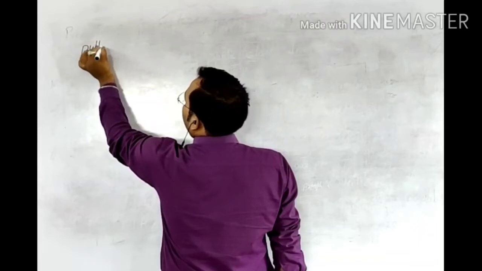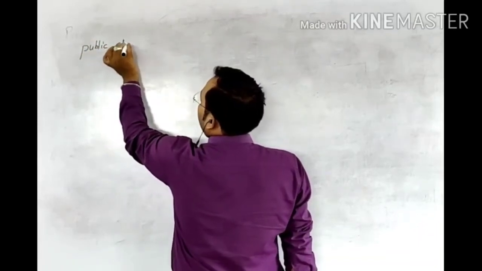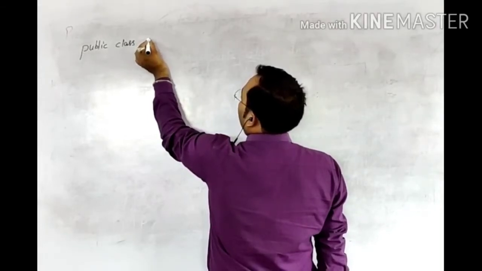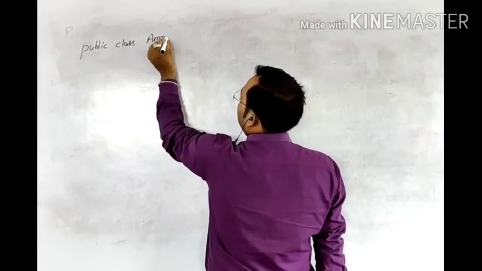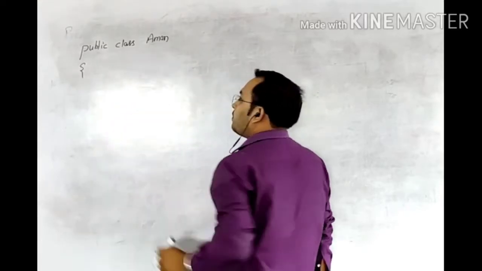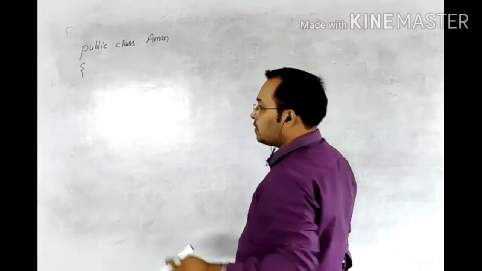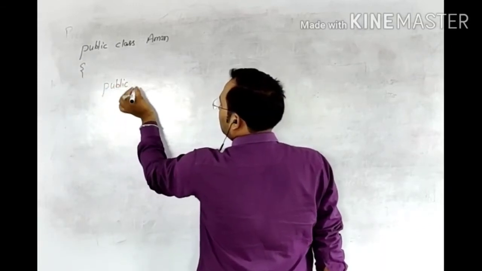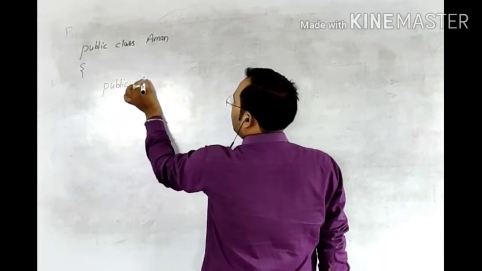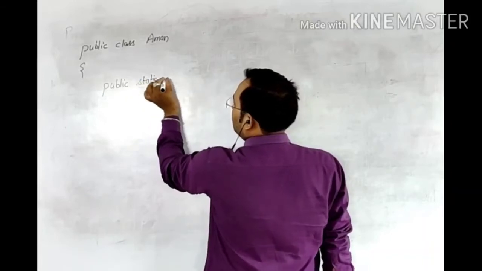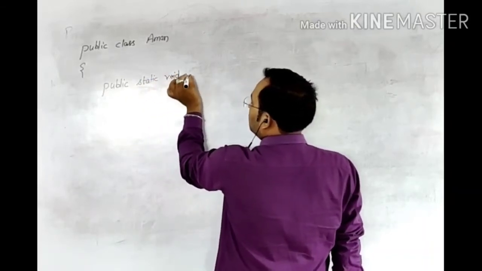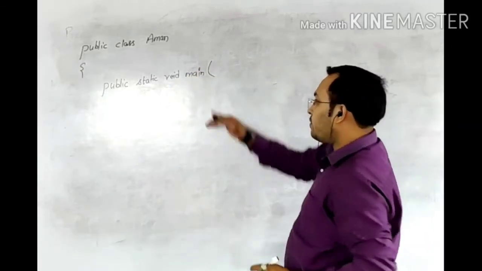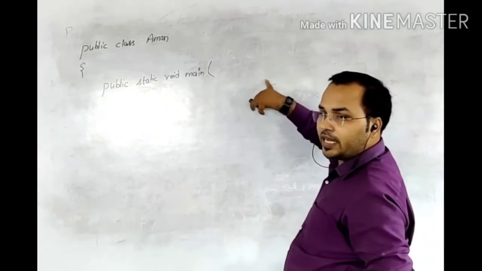public class Aman. Okay. Then after public class Aman, you have to write public static void main, and here we write String args.